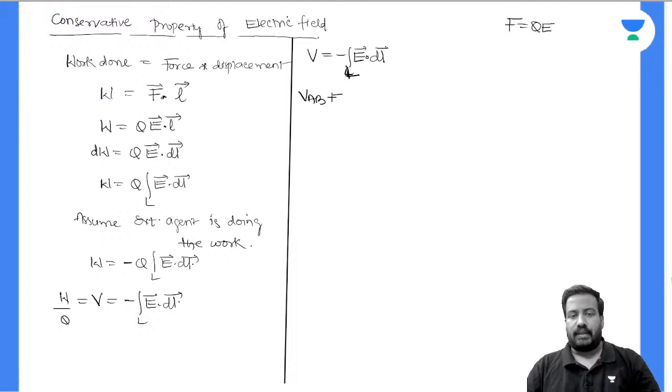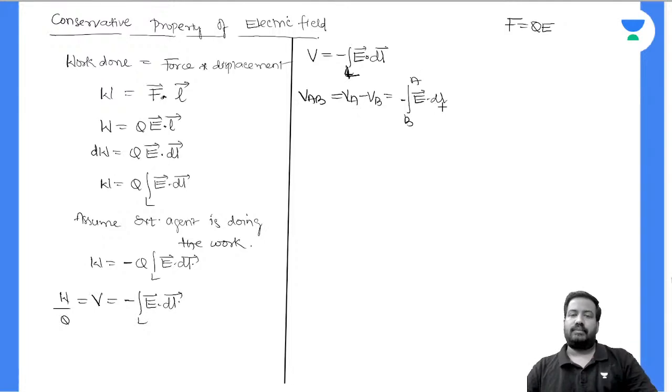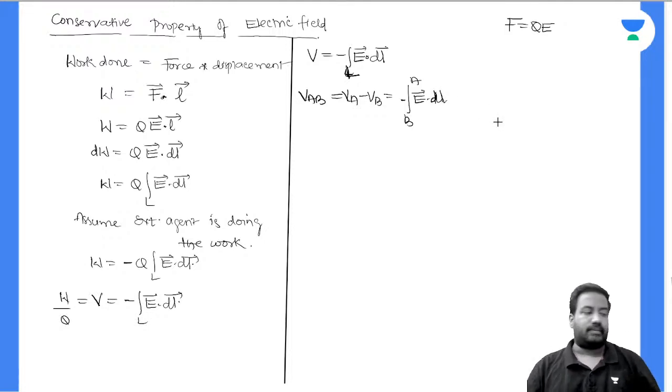If you want the potential difference VAB, consider this path L to have two points A and B. Then VAB is equal to VA minus VB, which is minus integral from B to A of E dot dl.